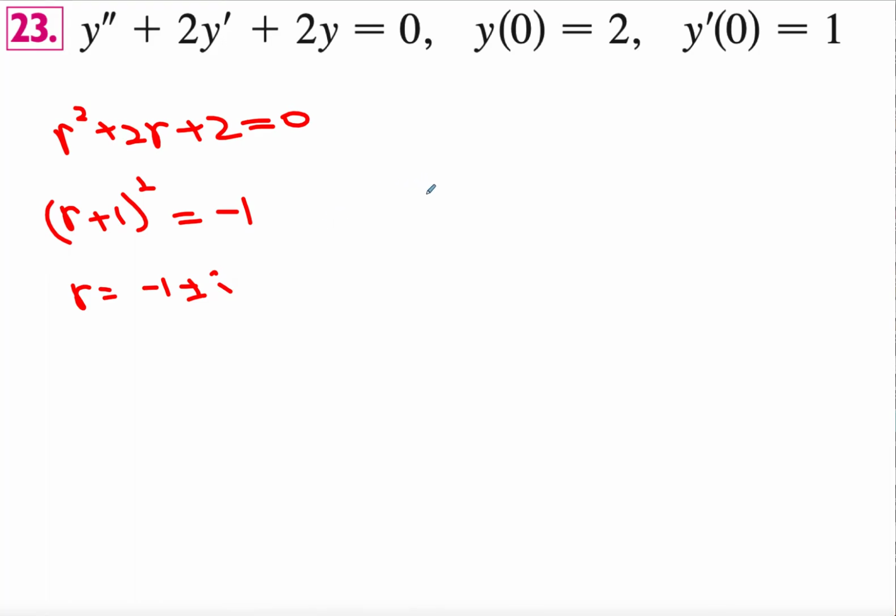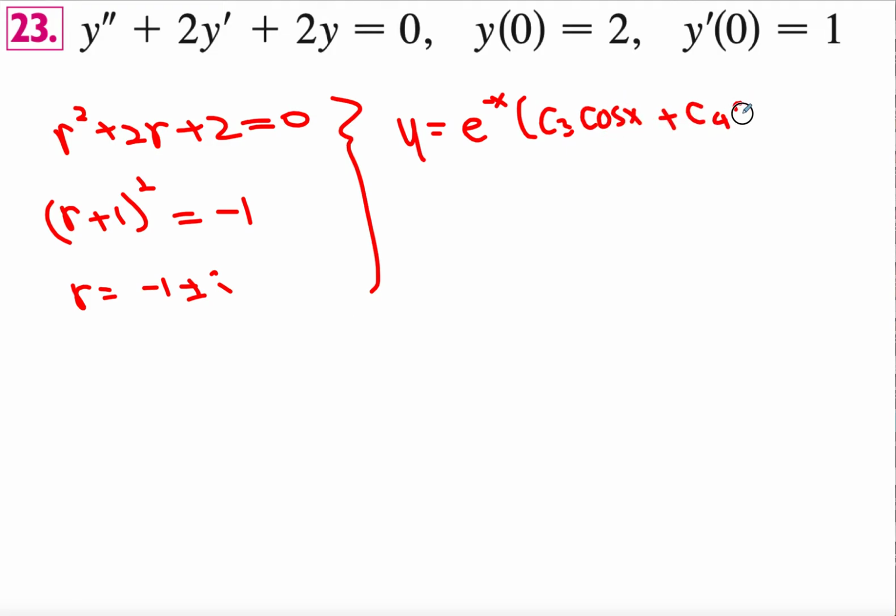So then this tells us that y is equal to e to the negative x, and let me write down cosine first, in the same order as before. So we're going to have c sub 3 cosine of x plus c sub 4 sine of x.